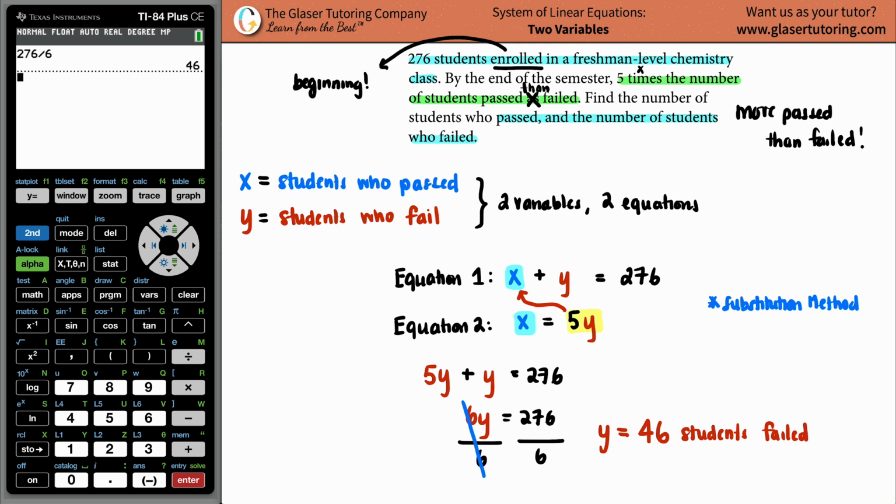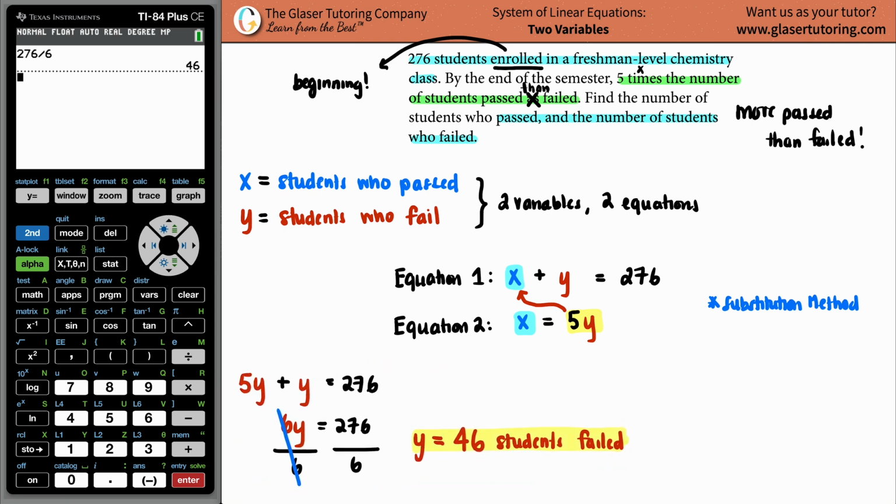So we have that part. And now we just got to find out how many students passed. So we go back to either equation, it doesn't matter, just use the one that's easiest for you. And since the other equation already has X equals, I'm just going to use equation number 2, right?